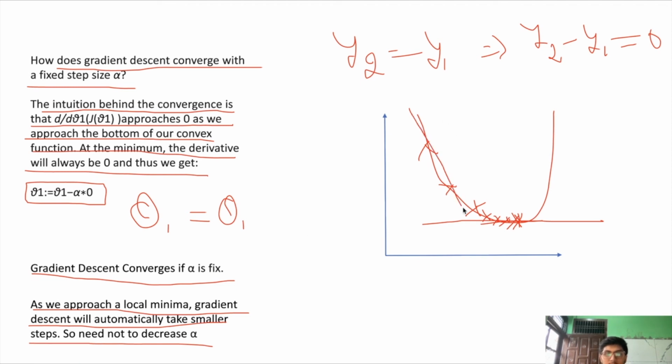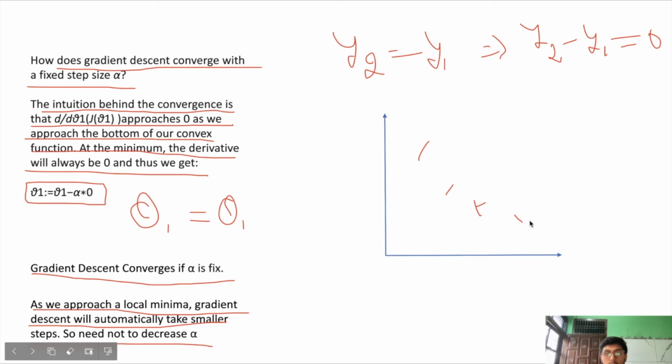First of all, the slope will be like this, then this, then this. It will change itself automatically so that it finally converges. Because if it doesn't change itself automatically, then it will never converge. So that's all the intuition for today.